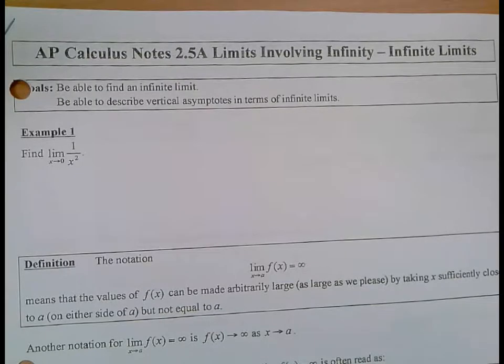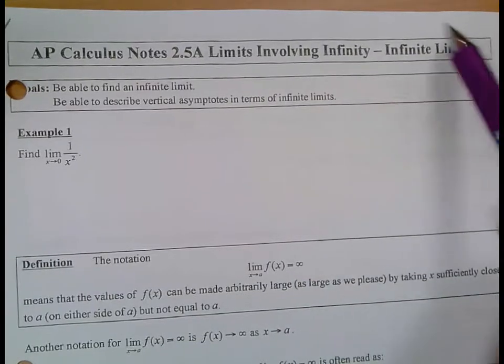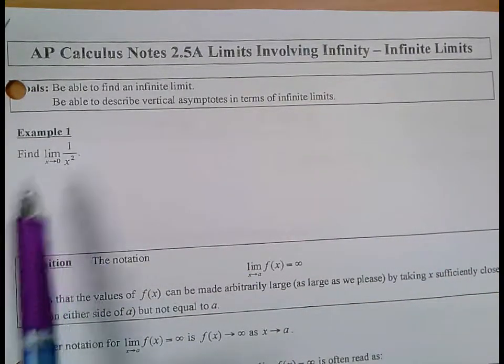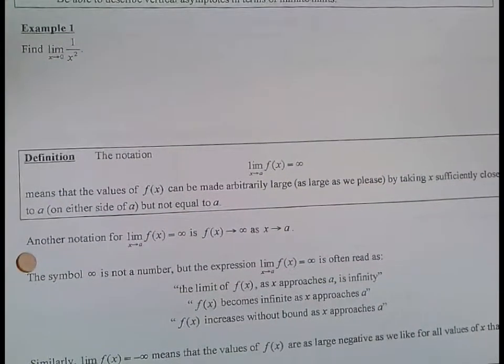So we're going to be looking at these limits that involve infinity today, specifically infinite limits. These are limits where your x value is still approaching a specific number, since infinity isn't a number. So in example 1, it says find the limit as x approaches 0 of 1 over x squared.